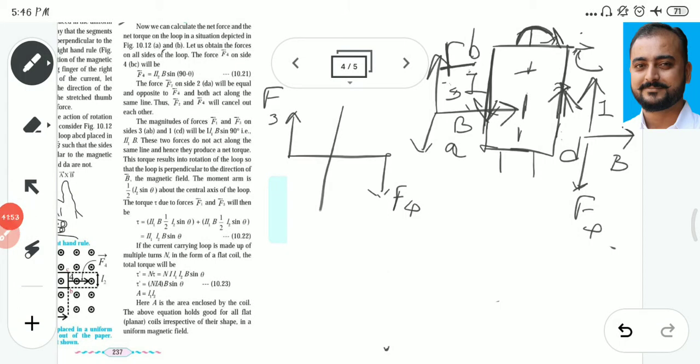As these two forces are equal and opposite, they form the torque, and so this coil will be turned about the axis of rotation.